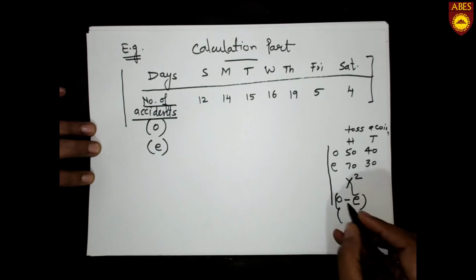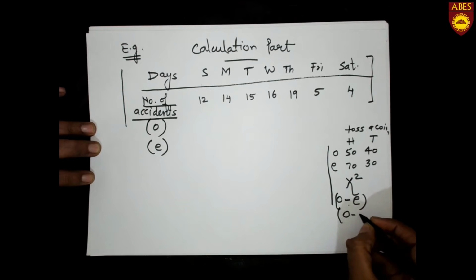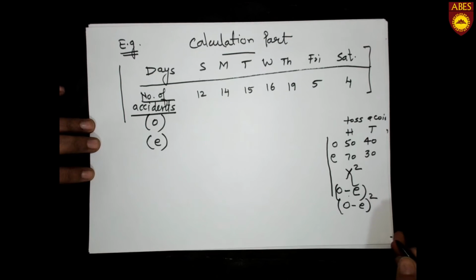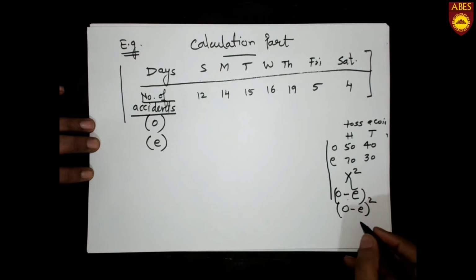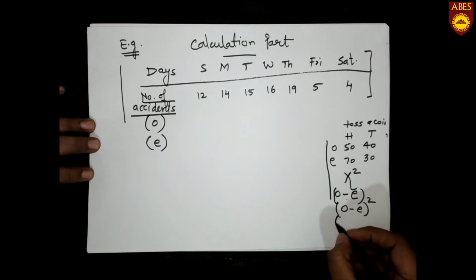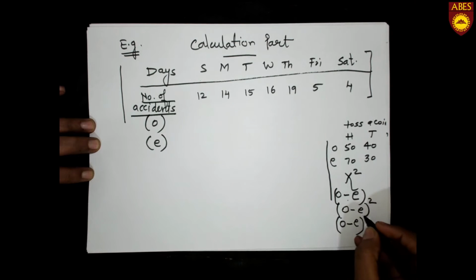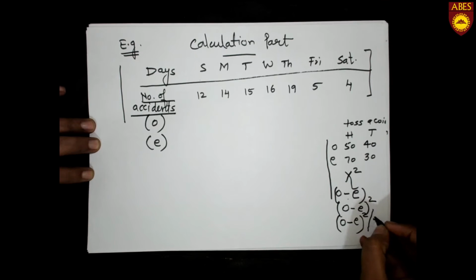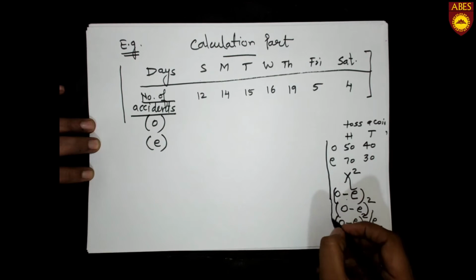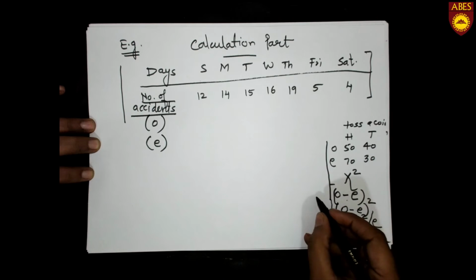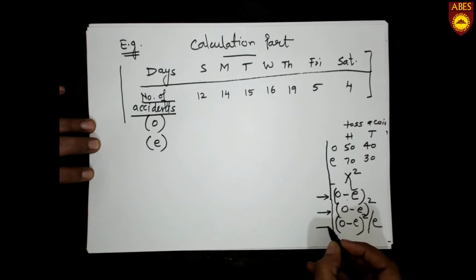At the next step, I calculate the value of (O minus E) square, that is, I take the square of observed minus expected. Then in the third step, the denominator will be the expected value with the numerator as the square of O minus E. We get the chi-square value only when we solve these calculations. These are very important calculations for us.